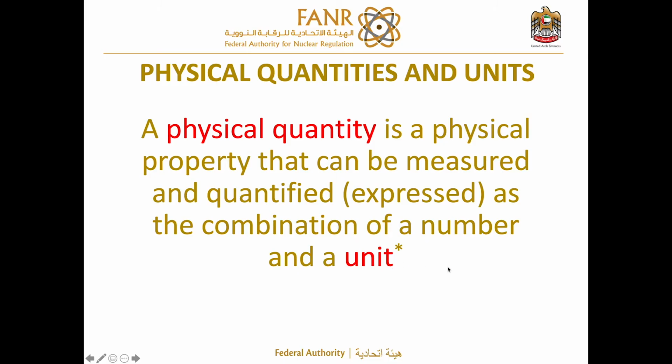Now, importantly, units can be combined together. So in most cases, the physical quantities are expressed as a combination of units. The velocity of a bullet is 100 meters per second.